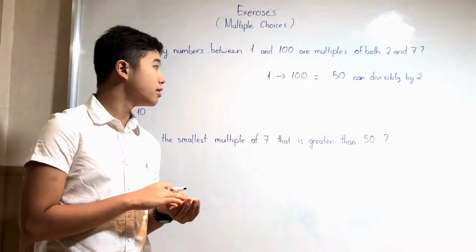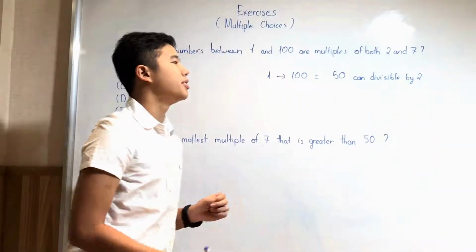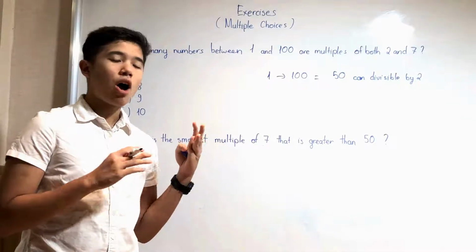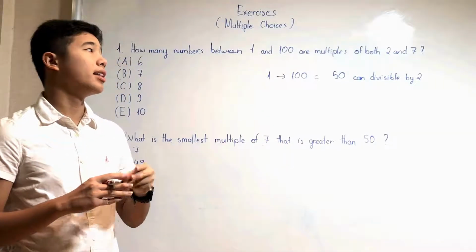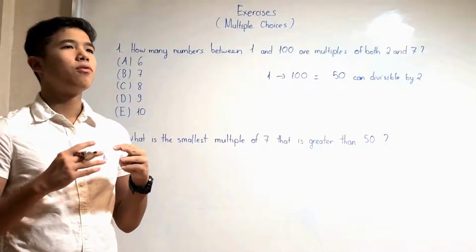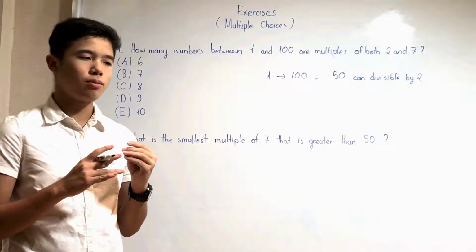We're not yet finished. We need to find how many of those 50 numbers can be divisible by 7. So from 1 to 50, how many numbers can be divisible by 7?